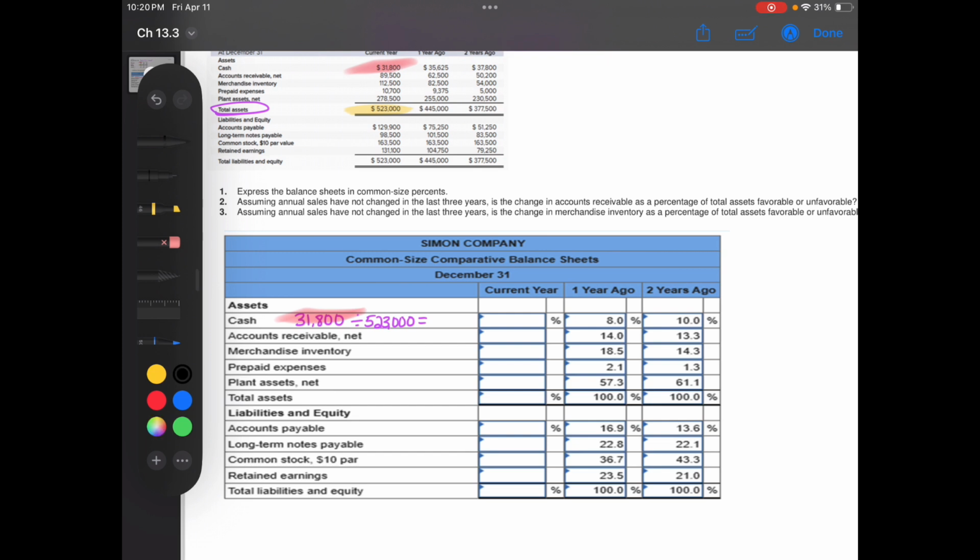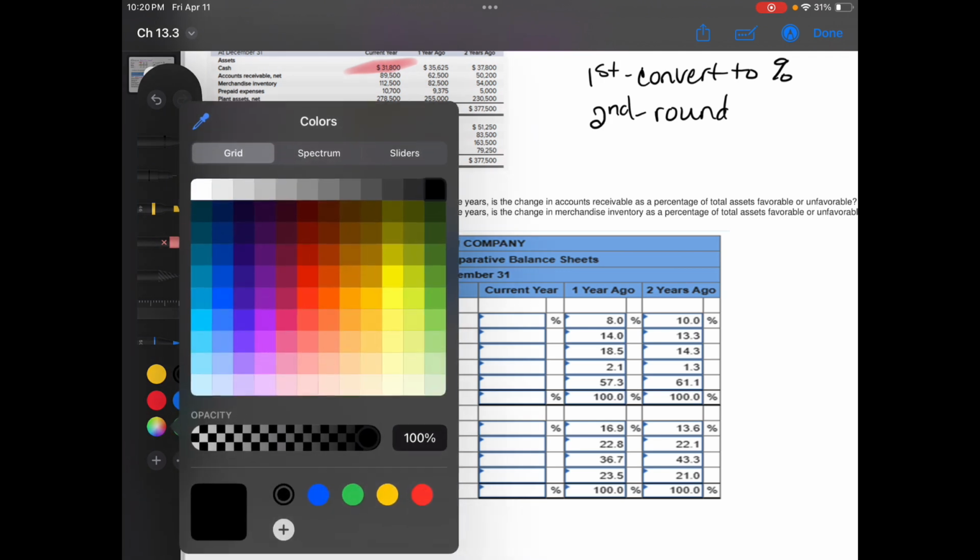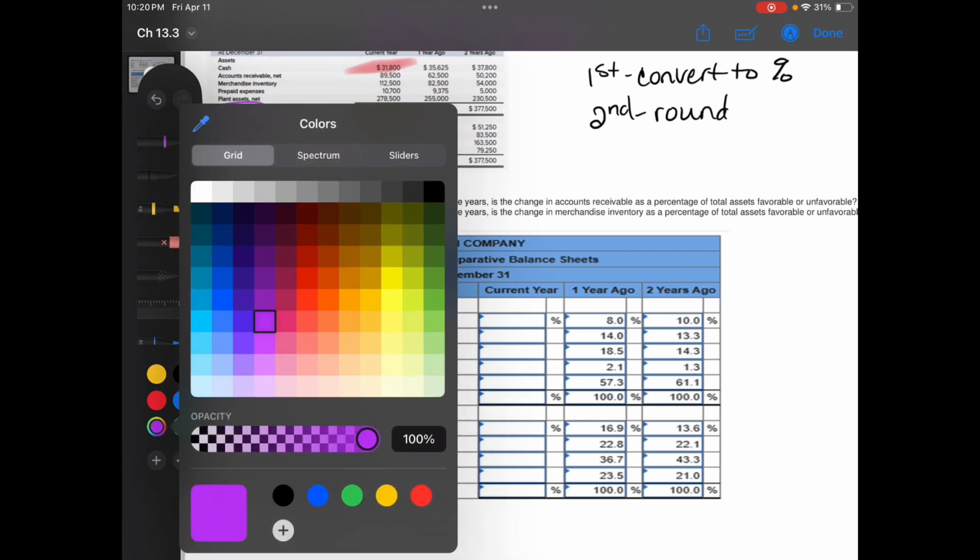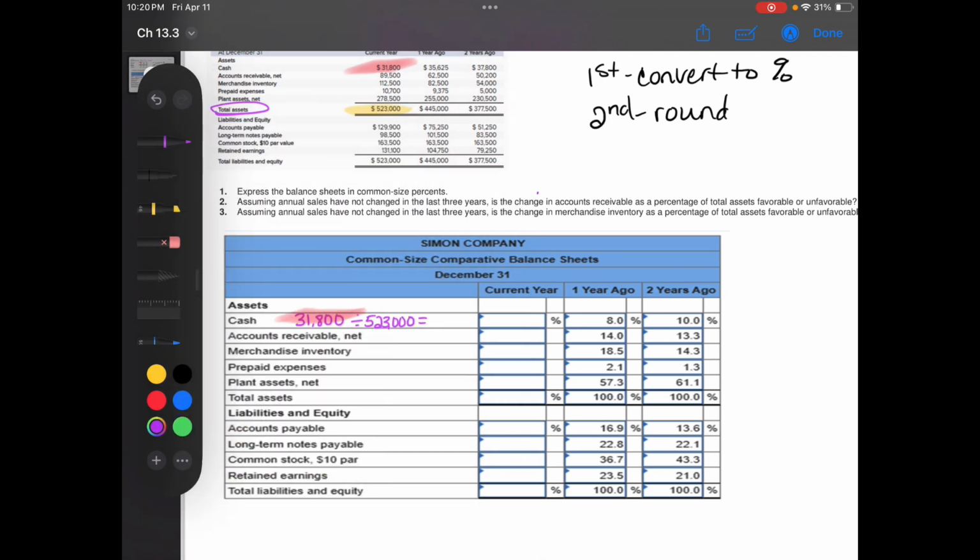Really simple, but again, don't forget that when we do these, we first convert to a percent. Then the second step is to round it. So here we're rounding to one decimal place after it's a percentage. So my answer for this one is, let me find this one in my notes.